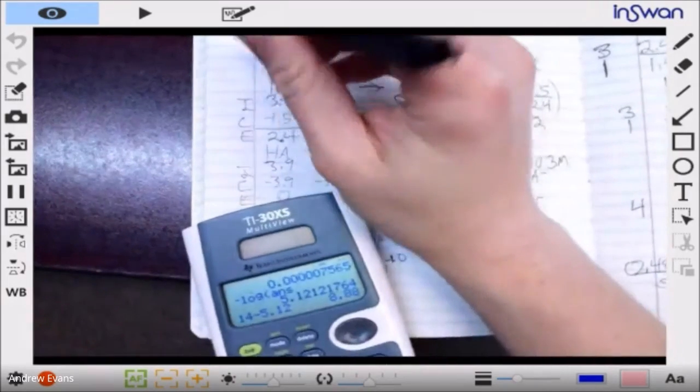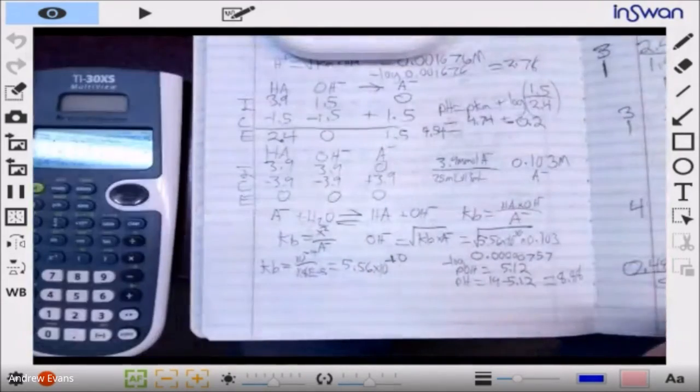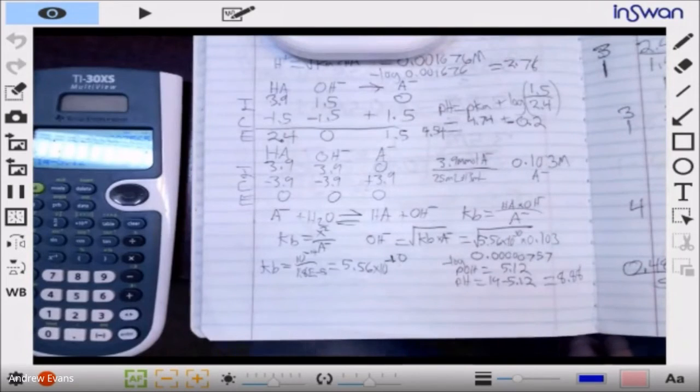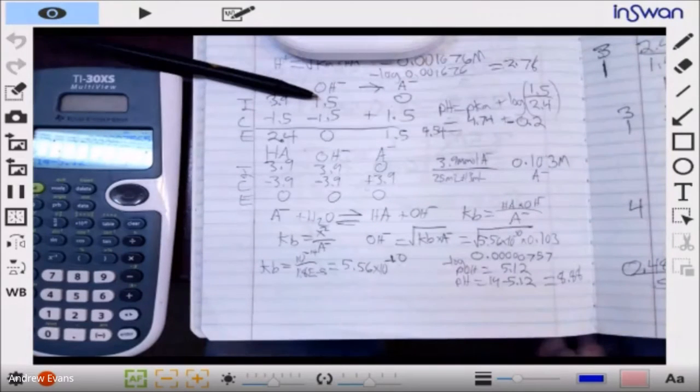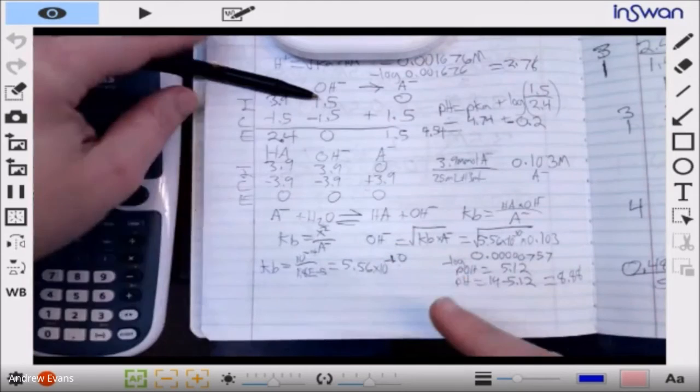Comparing that to our original concentration, at equivalence point, we had a pH of 7. Now we have a pH of 8.88.